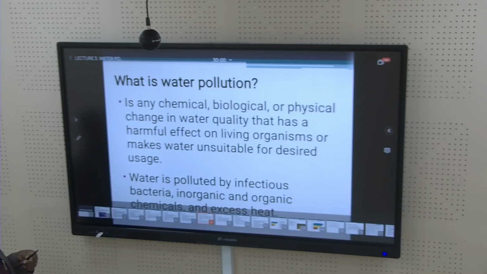Water has been polluted because there are additions of other materials which are not wanted. Water is polluted by infectious bacteria, inorganic and organic chemicals, and excess heat.